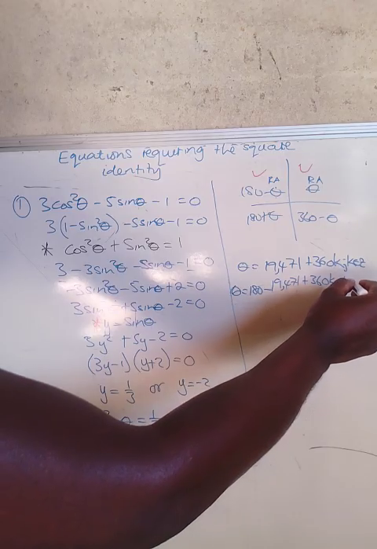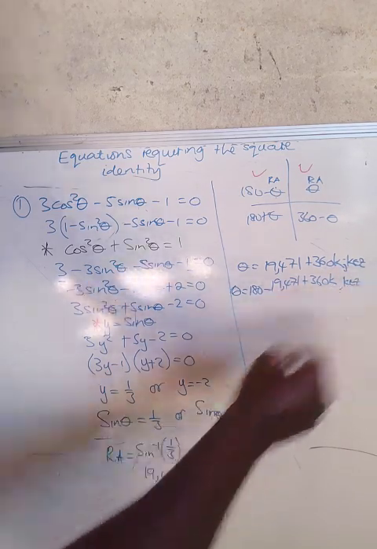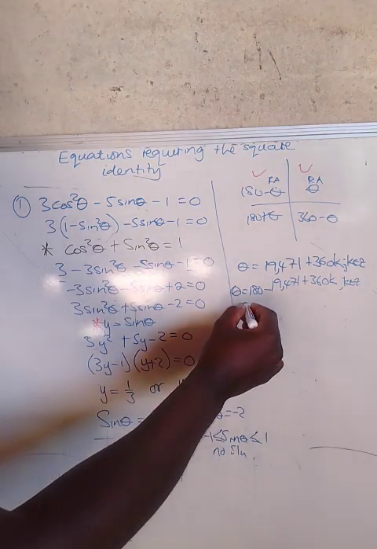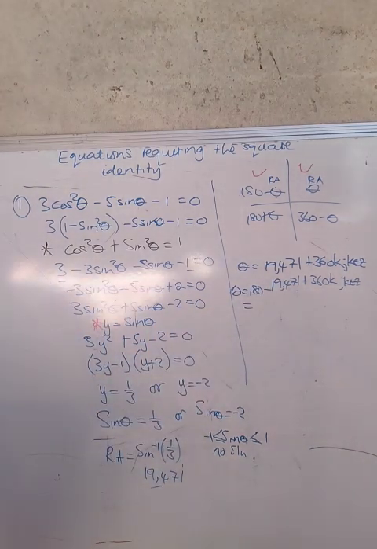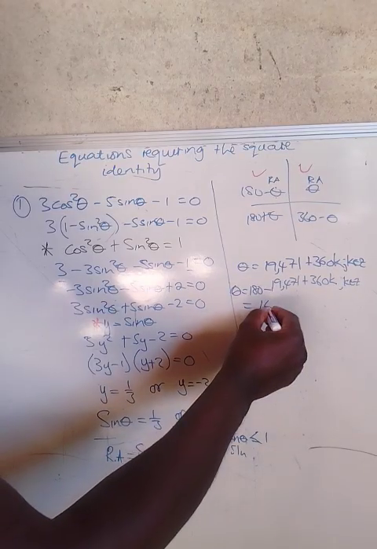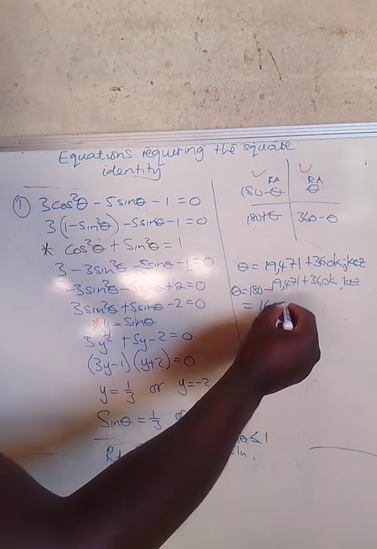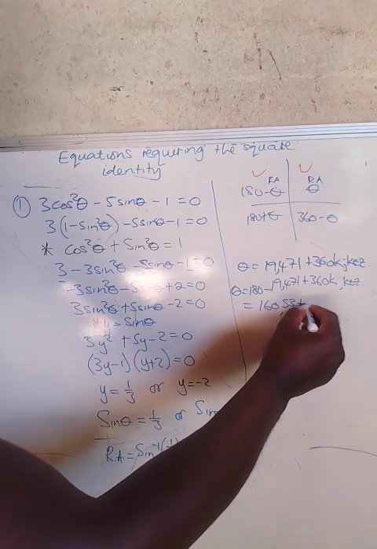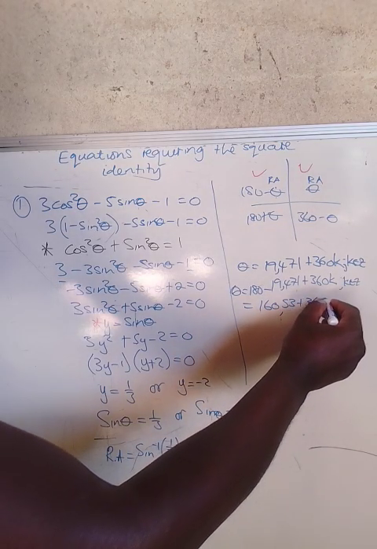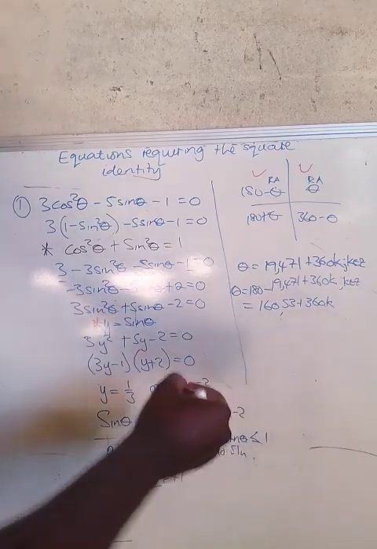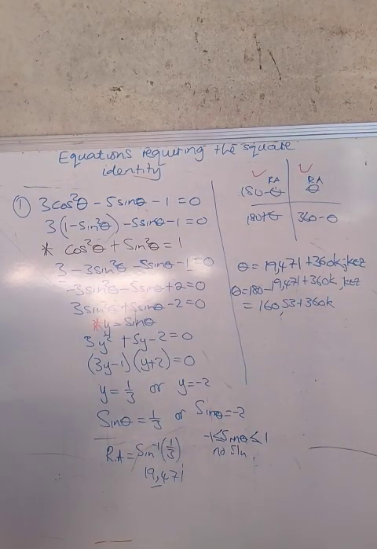And remember, k is an element of z. Then we say 180 minus 19.47, we are going to get 160.53 plus 360k. So this is how we can solve this kind of equation.